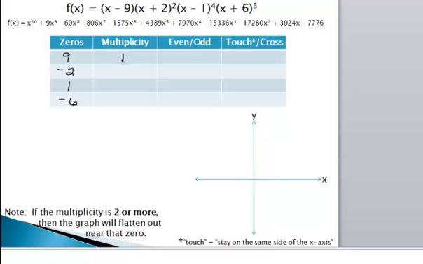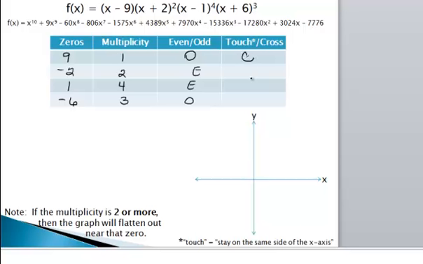Now fill in the multiplicities. X minus 9 happens once. X plus 2 happens twice. X minus 1 happens 4 times. And x plus 6 happens 3 times. This one is odd, this one is even, this one is even, and this one is odd. Now based on that, you should be able to tell whether the graph is going to touch or cross the x-axis at these x-intercepts.